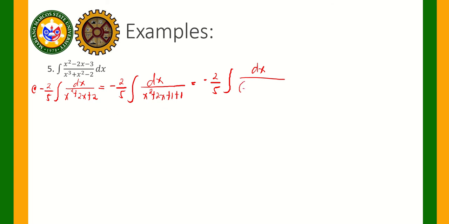That is equal to x plus 1 squared. So, perfect square na siya. And then, plus 1. Now, if you look at this, based sa mga previous lessons natin, we can apply si trigonometric substitution natin dito. Why? Okay. So, mag-let muna tayo.